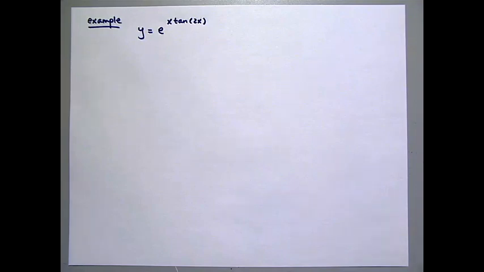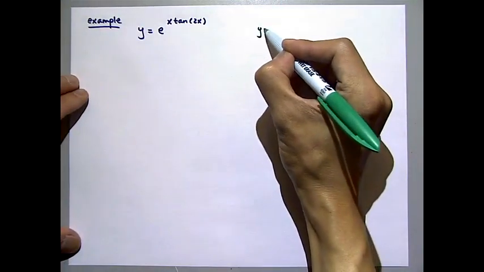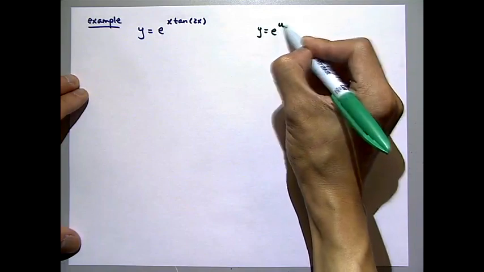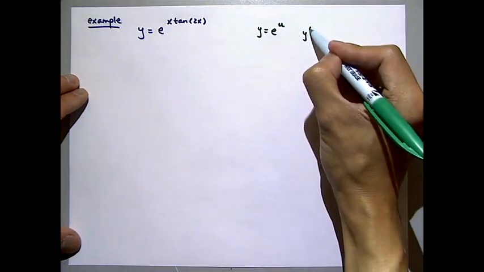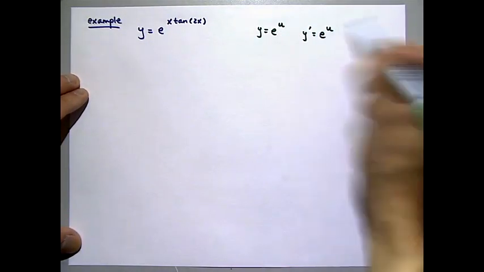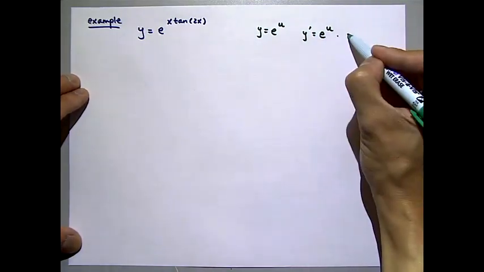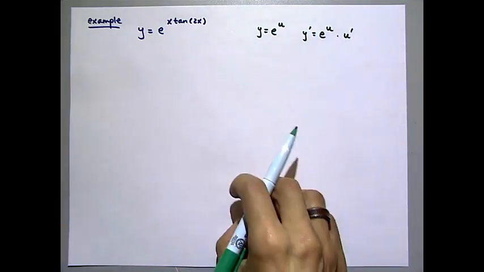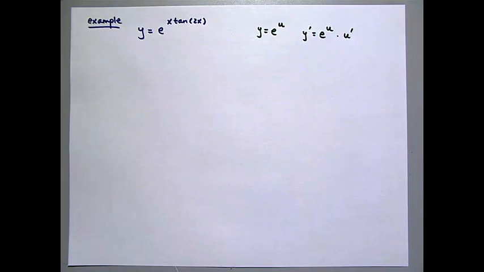First of all, recognize this as something that uses one of the basic stuff you know. If you were to look at this as e to the u, then you know the derivative of that. It's e to the u times u prime. Right?